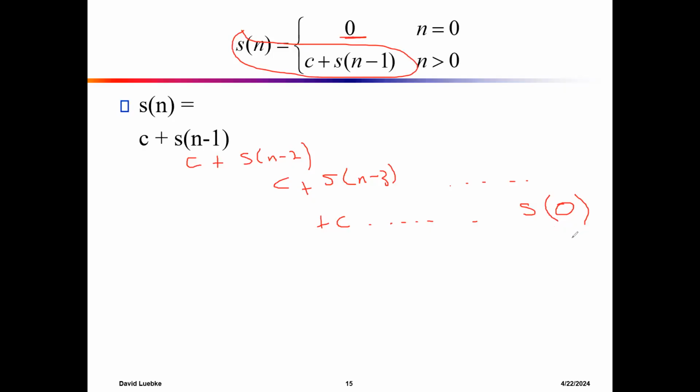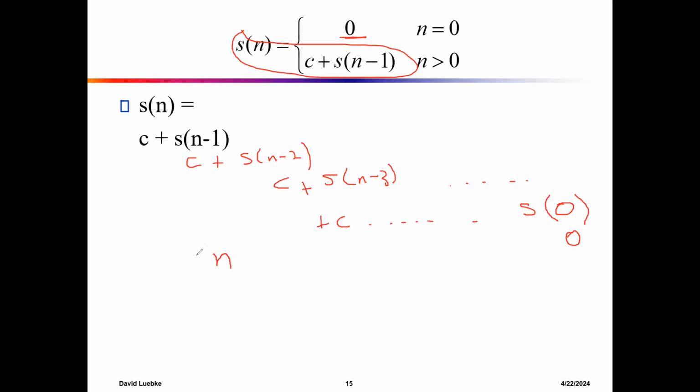You'll have to stop. But what happens is every time we take away 1, we add a C. So how many C's will we have? How many times could we have taken away 1? n times. So this part here will have 0, like this piece up here. But how many times will we have C's? We will have 10 C's, or however much n was.